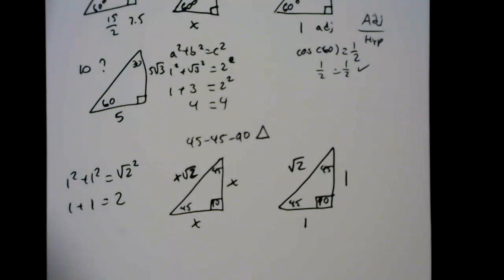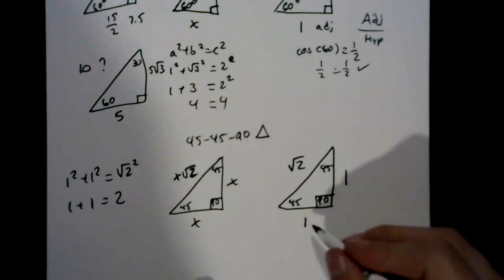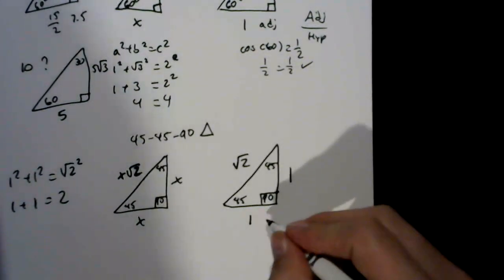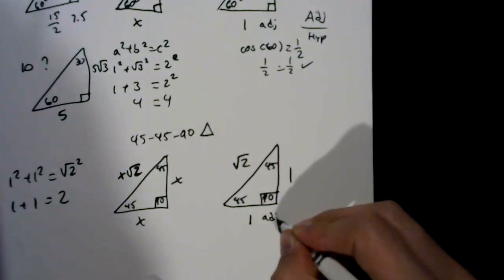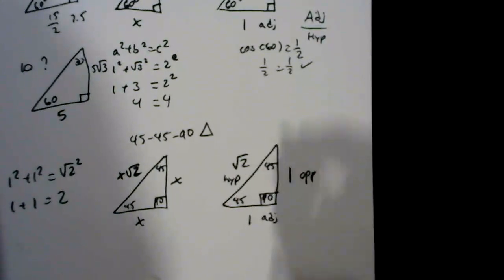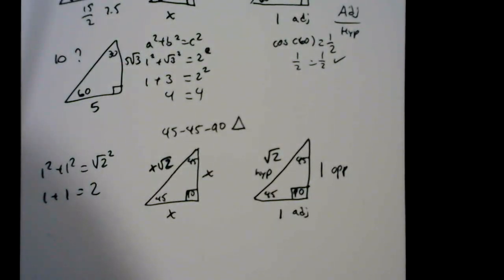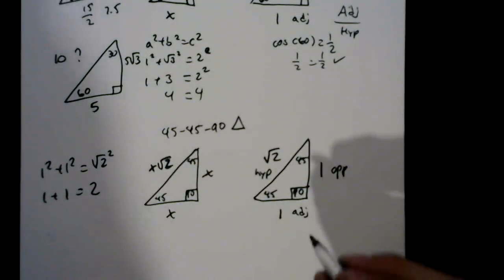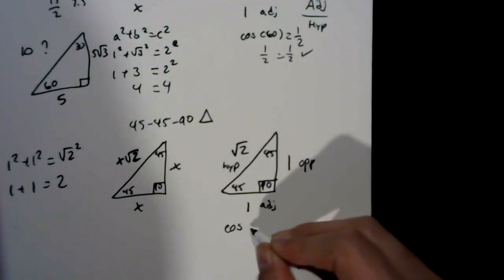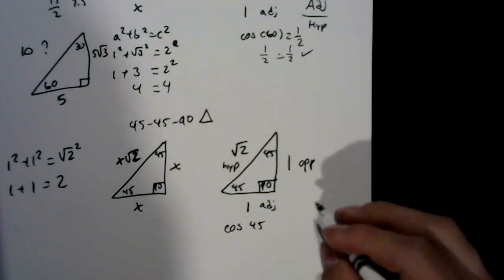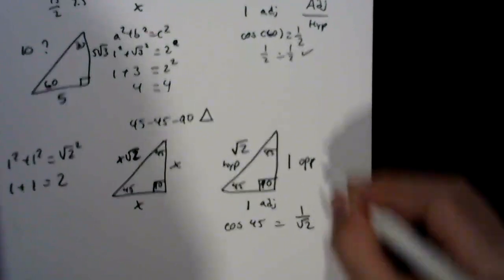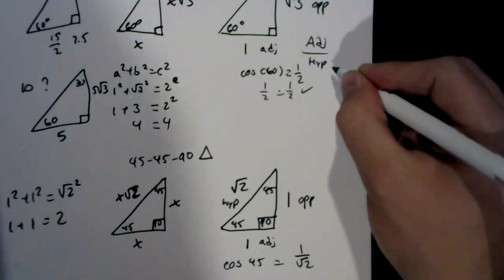You can also do it similarly with trig. We'll just go off with the 45. Either 45 would work since they're the same. Say this is adjacent, opposite, hypotenuse. So you could say that cosine of 45 should equal 1 over square root 2, because it's adjacent over hypotenuse.